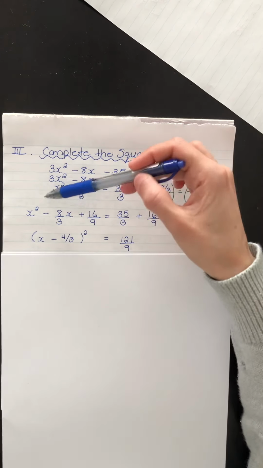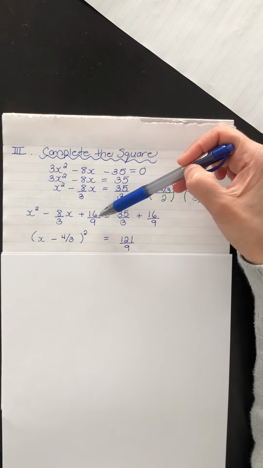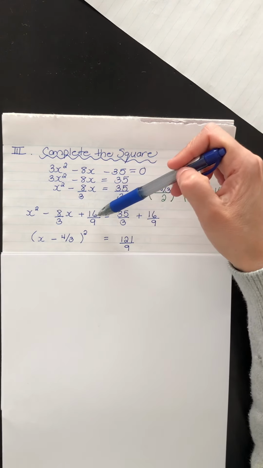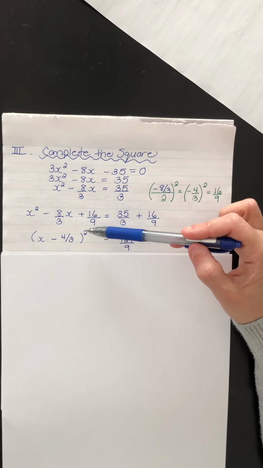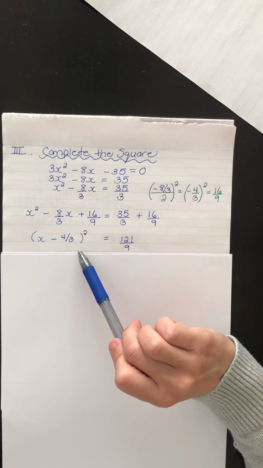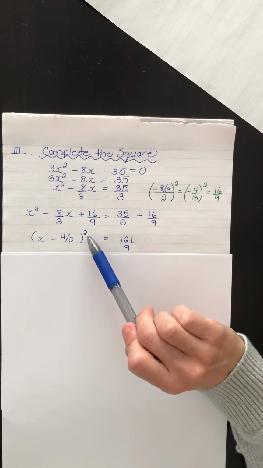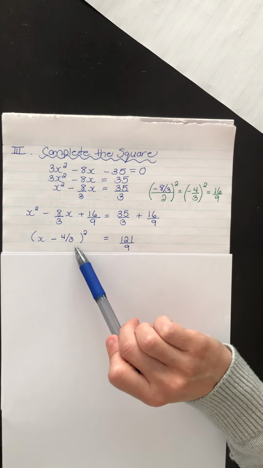On the left side, we have to write this trinomial in its factored form. So as the square of a binomial. Okay, so we take the trinomial and we factor it. It will always be the square of a binomial.